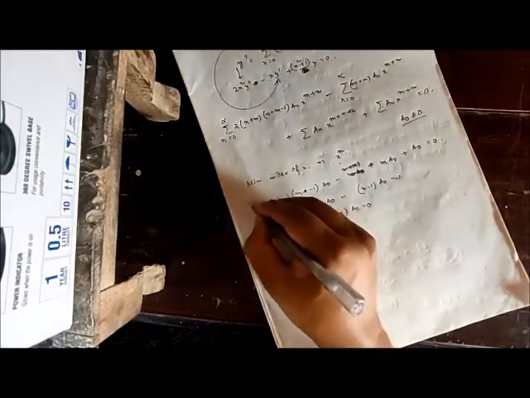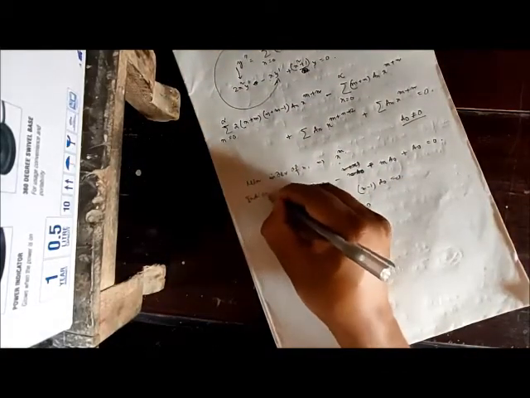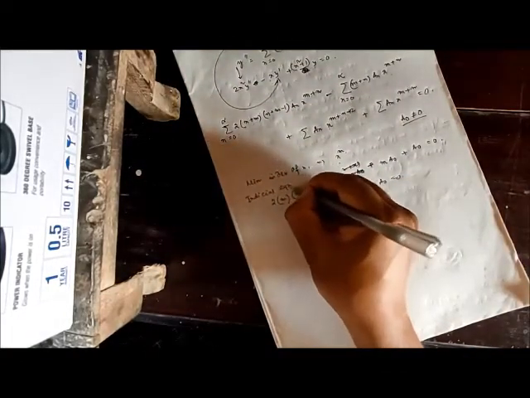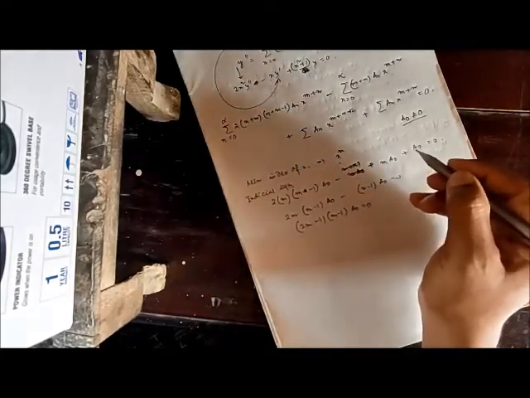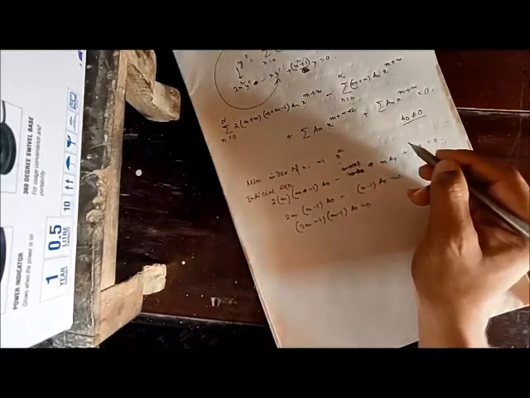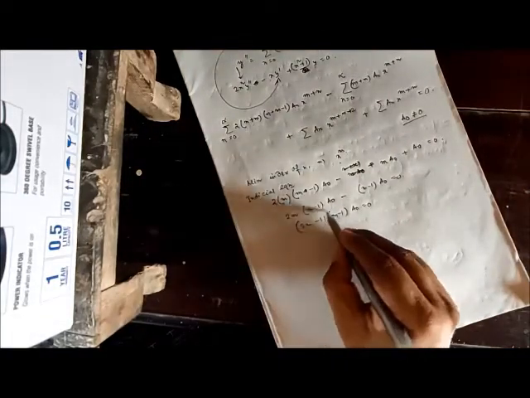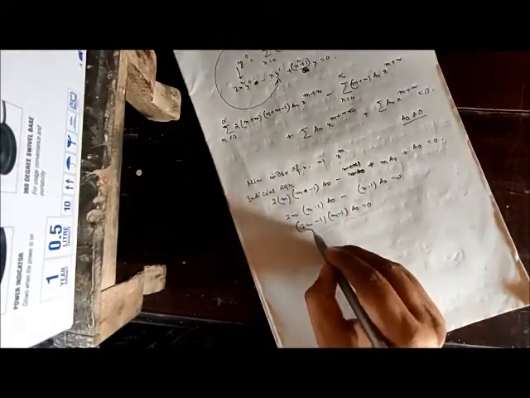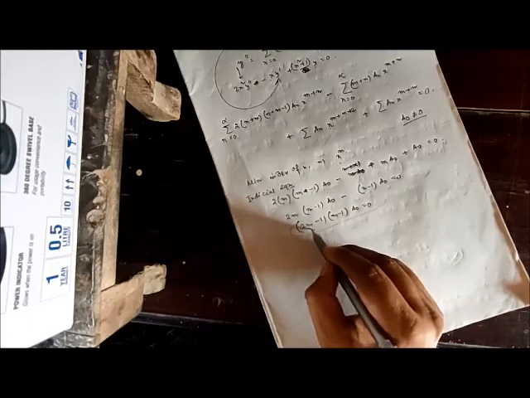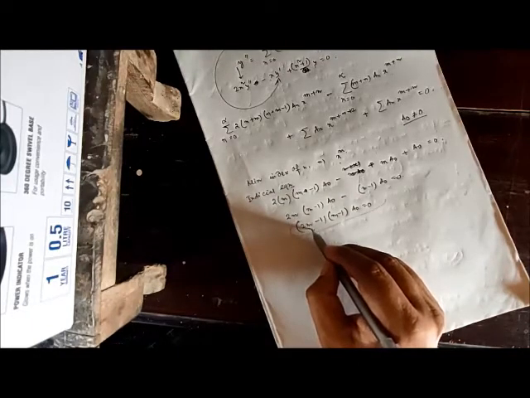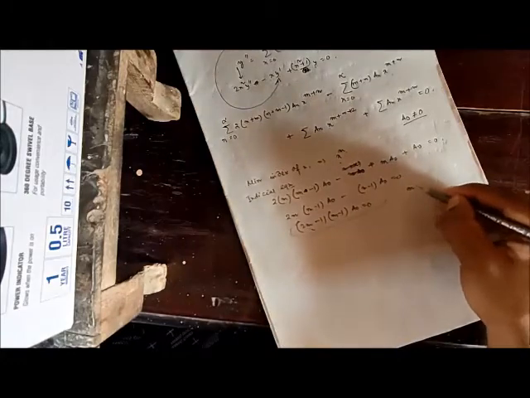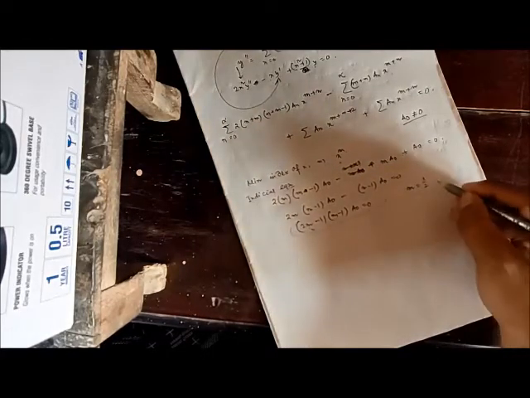So this is basically the initial equation. As you see here, this is the initial equation. From this initial equation, you have to find two roots of m. One root is m equal to half and another root is m equal to 1.